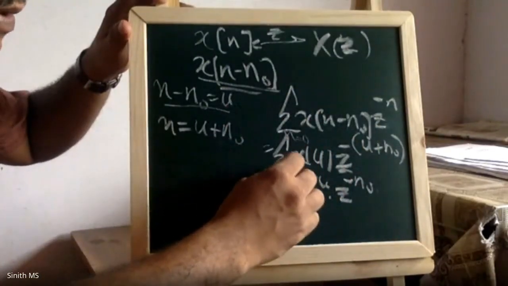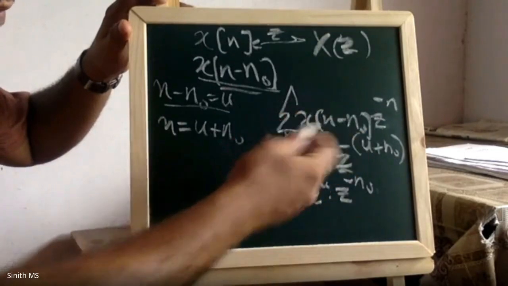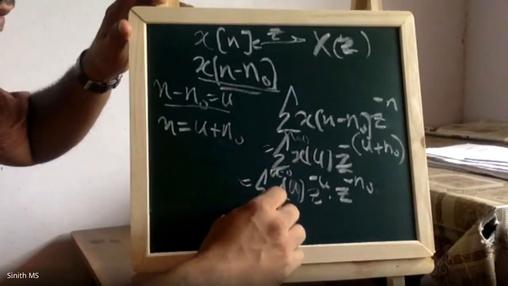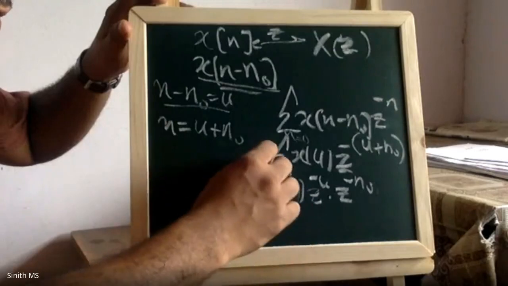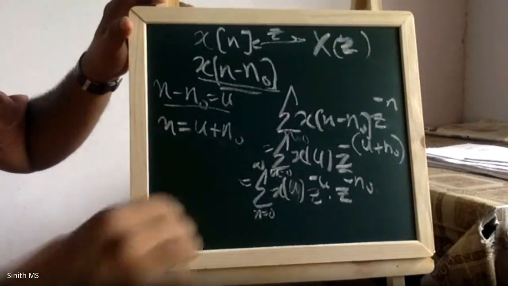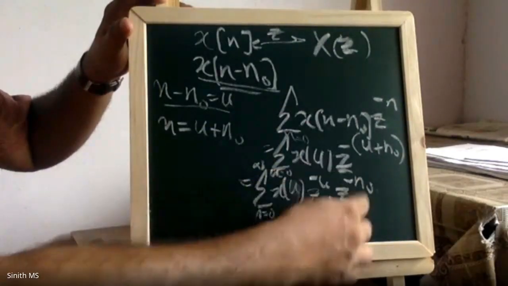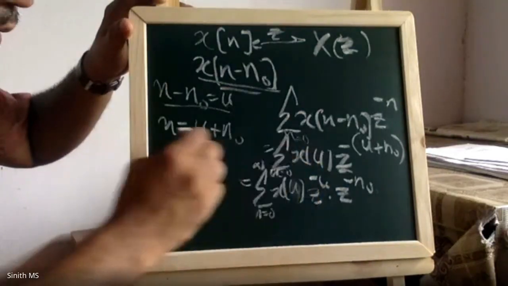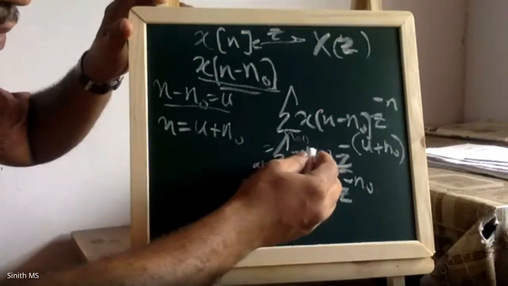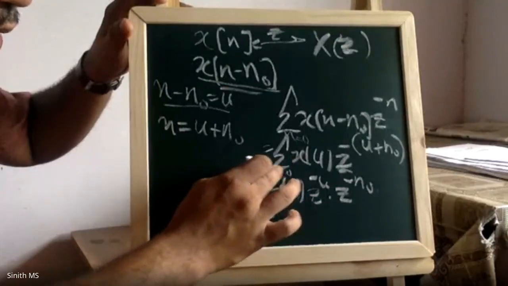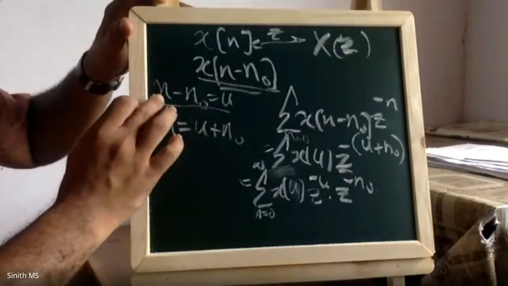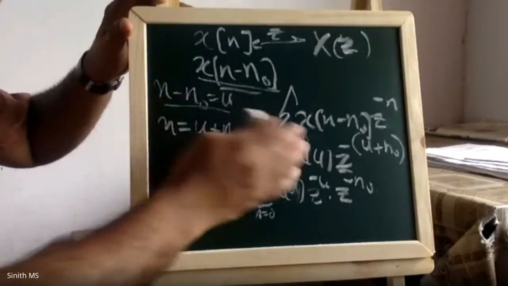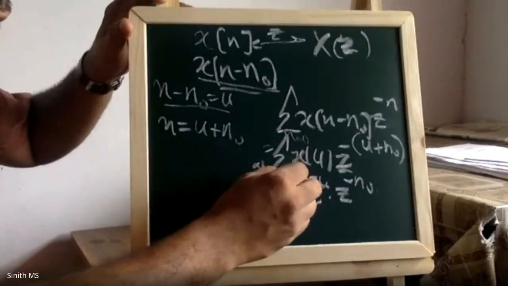And this is a summation of n varying from minus infinity to infinity basically, and if you have unilateral Z transform, from 0 to infinity. The variable you have changed from n to u, and when n is 0 and n is infinity, you also take the 0 and infinity value.